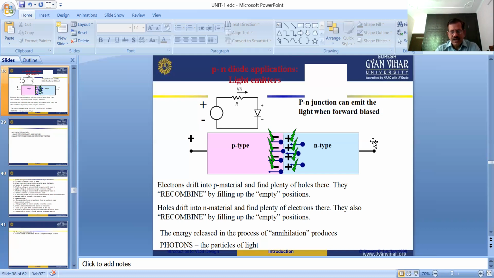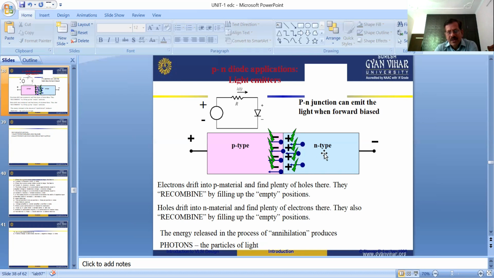So you see here, if we apply the external voltage to this diagram, here is the N-type material and the left side is the P-type material. It means that in P-type material there are a number of holes as majority charge carriers, but electrons are very low, that is, the minority charge carriers.